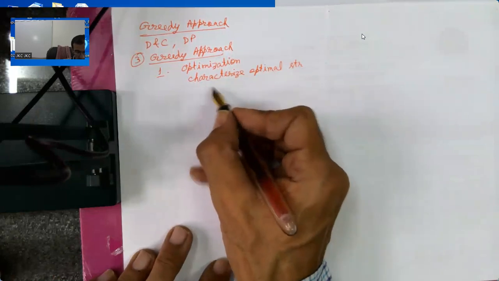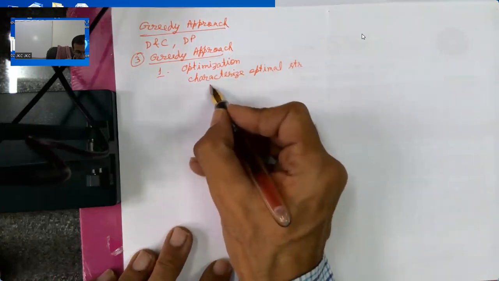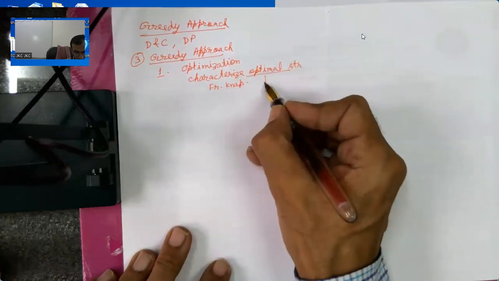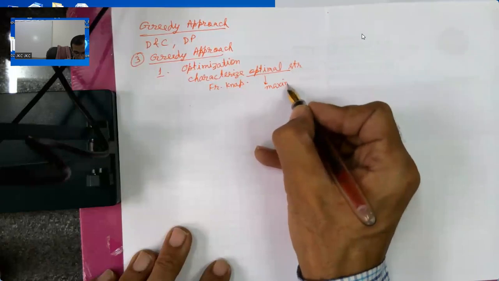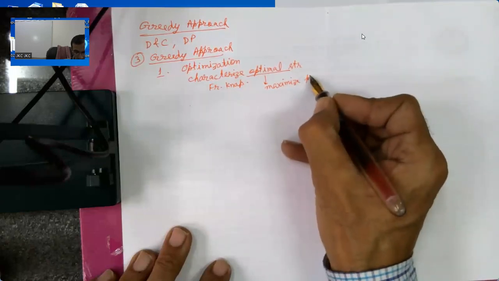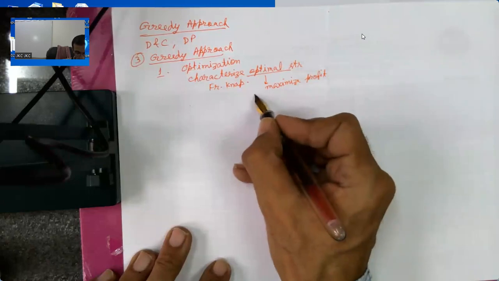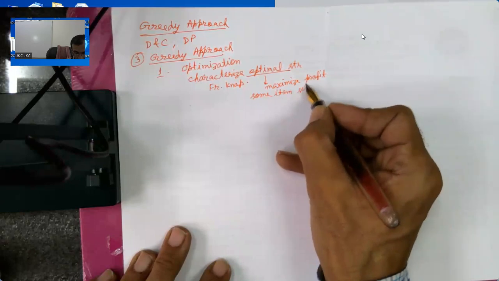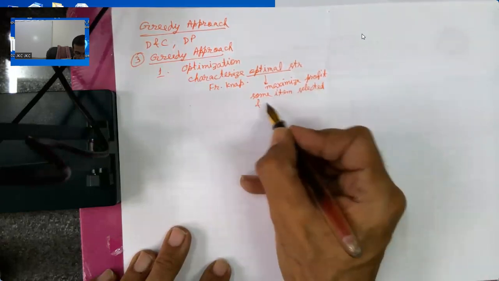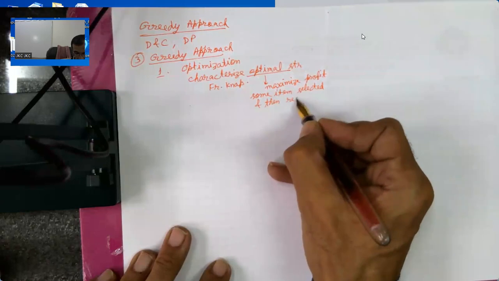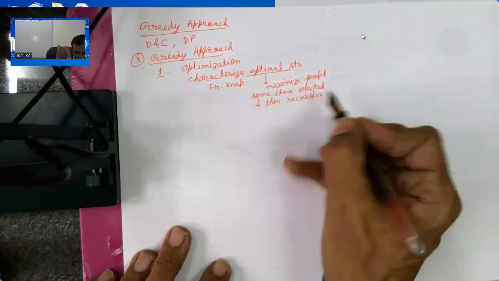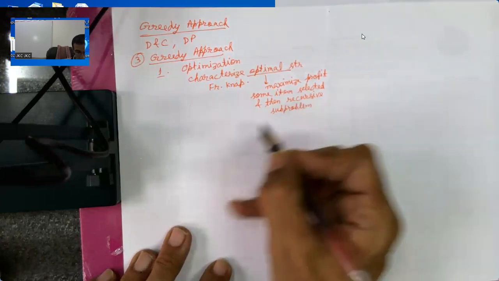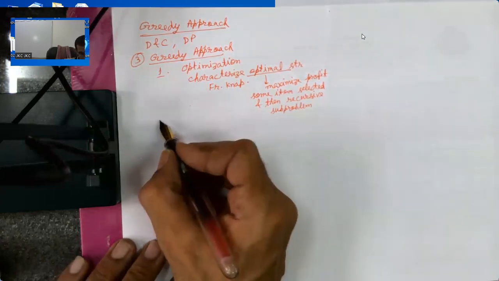Like in the fractional knapsack problem, we just did the same thing: I have to maximize profit, and maximizing profit meant that some item is selected and then recursively the same thing is done over the subproblem. So this is more or less the first step, very similar to the DP step.